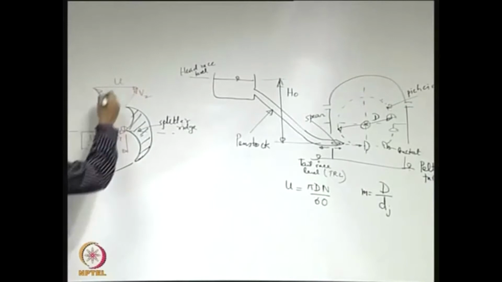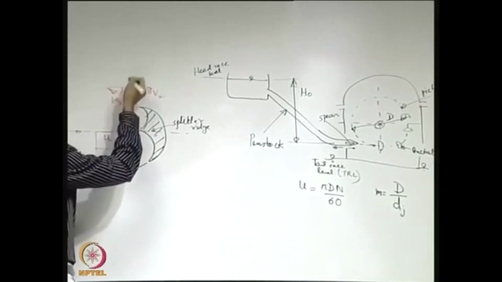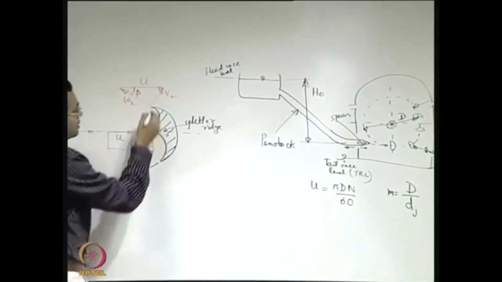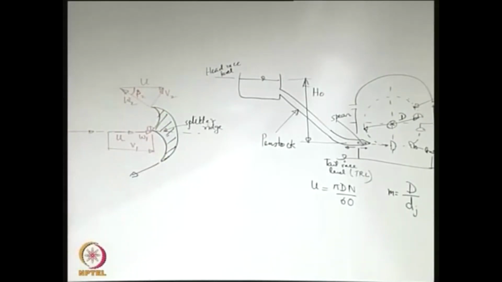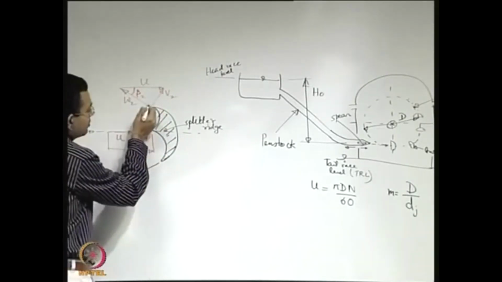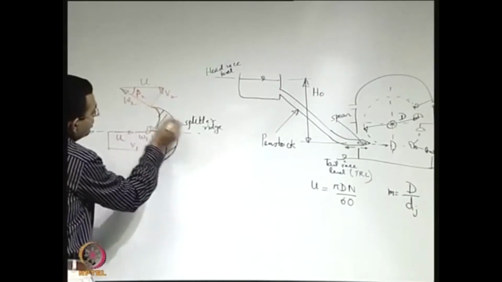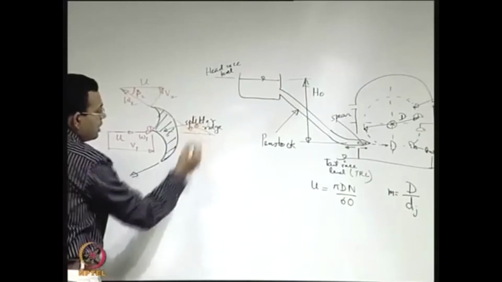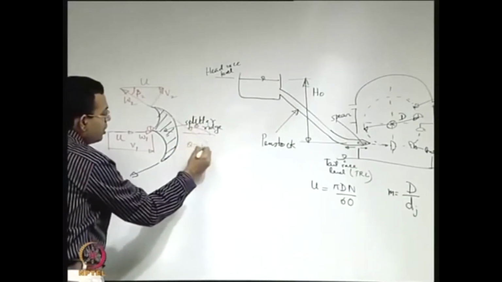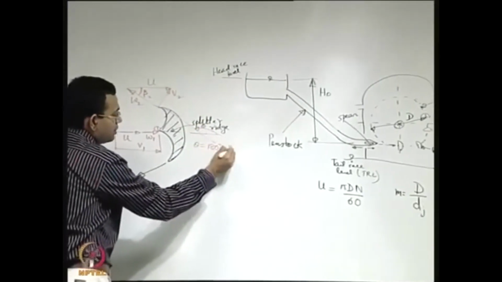This angle we call beta 2, following the same nomenclature as for the pumps. There is a deflection of the jet by an angle theta, where theta is 180 degrees minus beta.